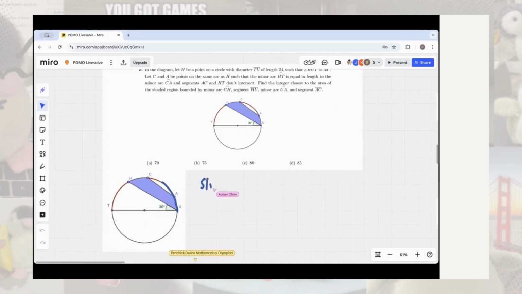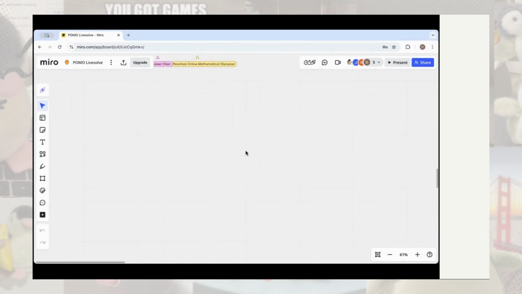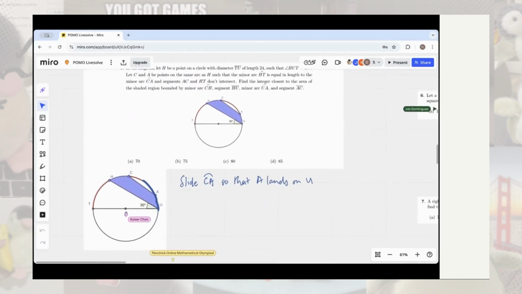So slide arc CA so that A lands on U. Then the nice thing here is, let's name O as the center of the circle.